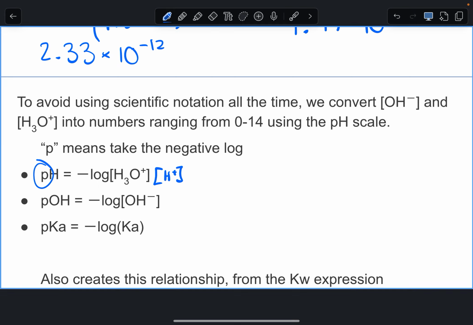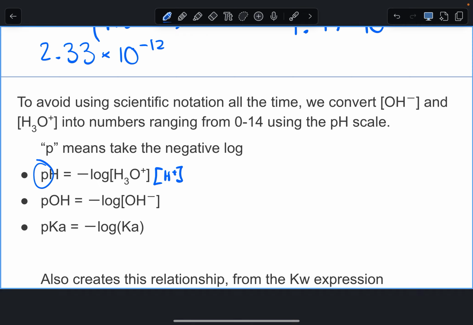I like calling it H3O plus because that's what it really does, is attaches to a water. So pH means take the negative log of the H3O plus. We'll do other P's, which is pOH, take the negative log of the OH minus, or even pKa, which is take the negative log of the Ka. It's just to help get things out of exponent form.